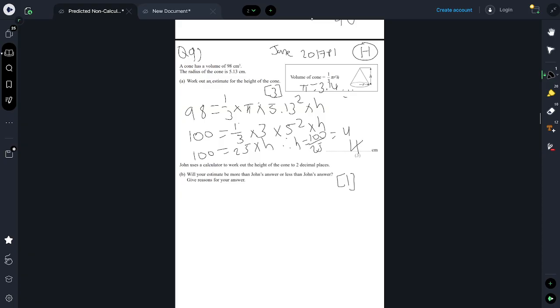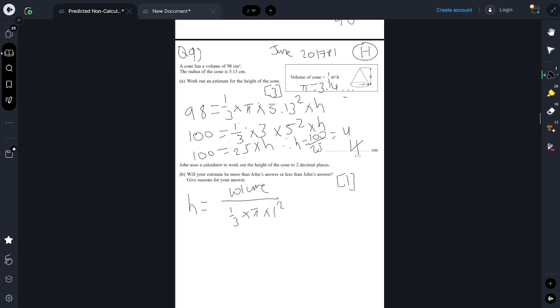Okay, let's look at what we've done here. We have times pi with the radius, and then we divided. So essentially the height is the volume divided by a third times pi times the radius squared, if you rearrange it a little bit.